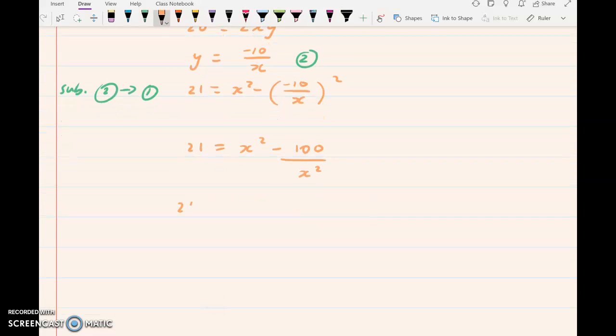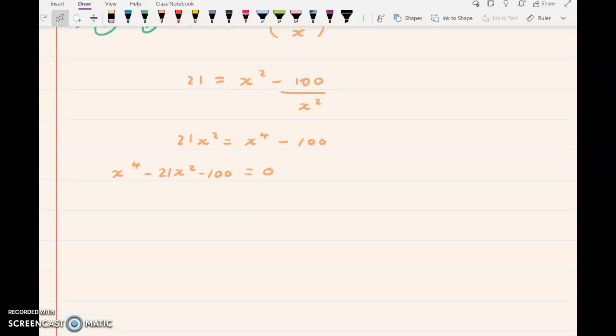So on the left hand side I'll have 21x squared equals x to the 4 minus 100. Then I'll set it equal to 0 and see if I can factor it. So I'll have x to the 4 minus 21x squared minus 100 is equal to 0. Okay, so I need to factor this and solve it for x.